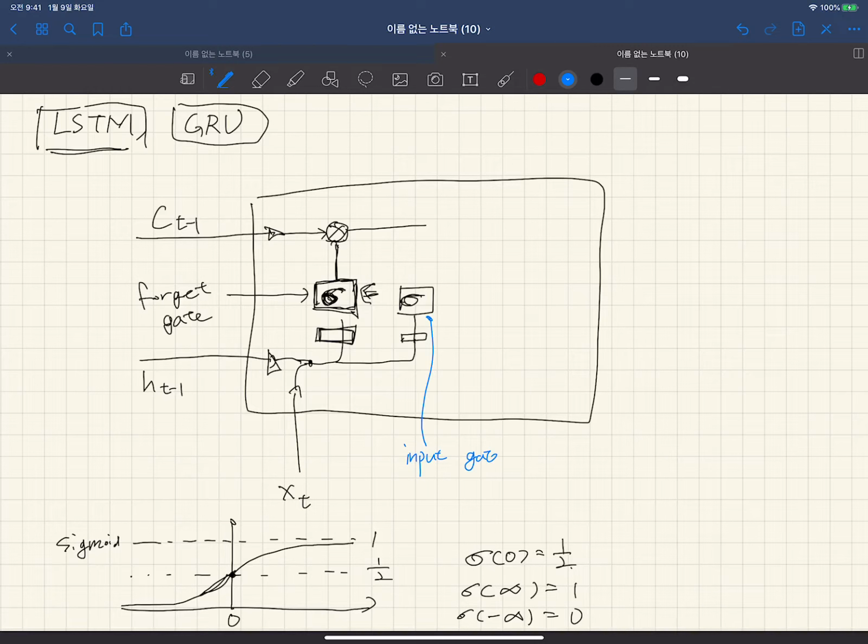Basically this input gate controls how much of the current input, with some parameters, goes through a tanh nonlinear activation function. This input gate controls how much information of the current input xt can go to the cell state.